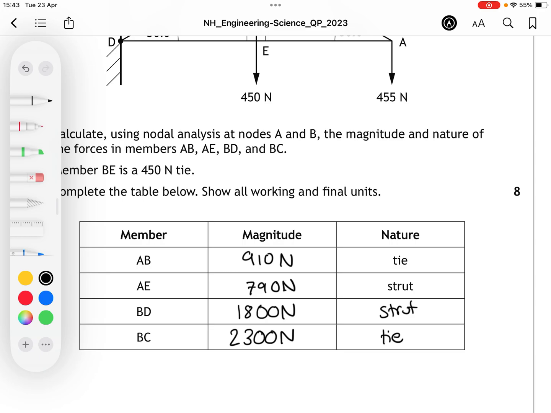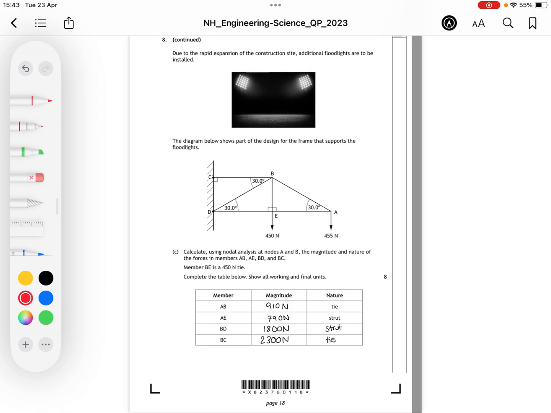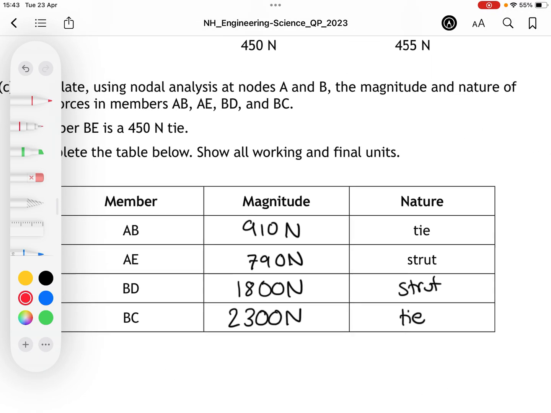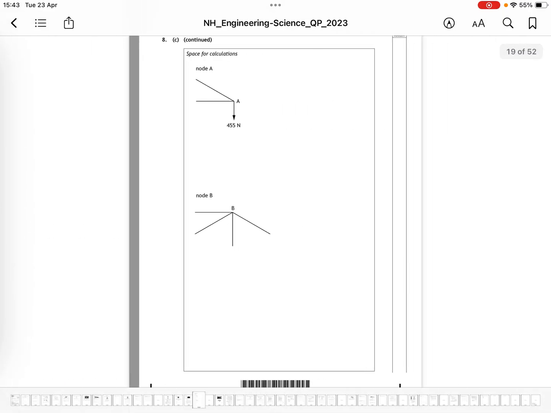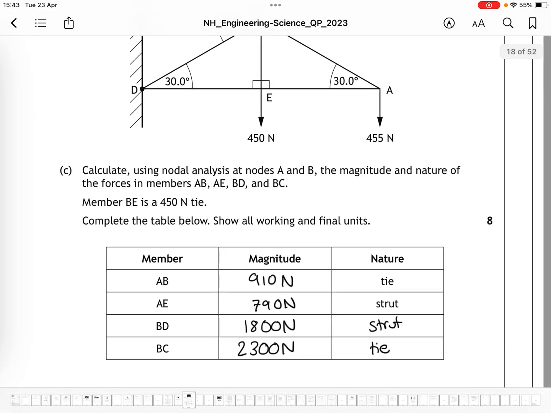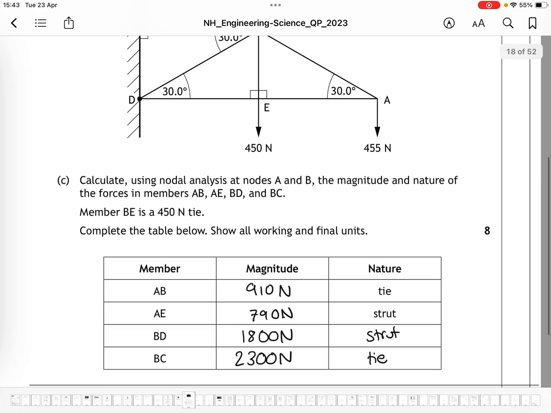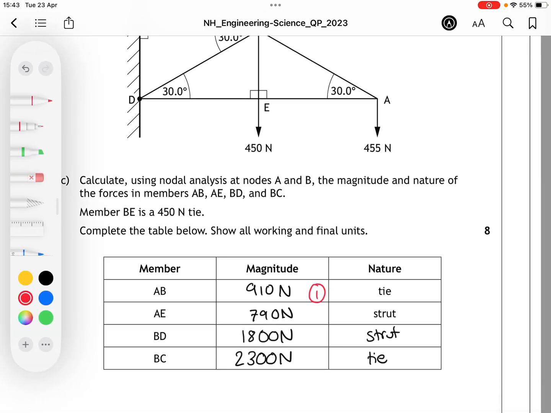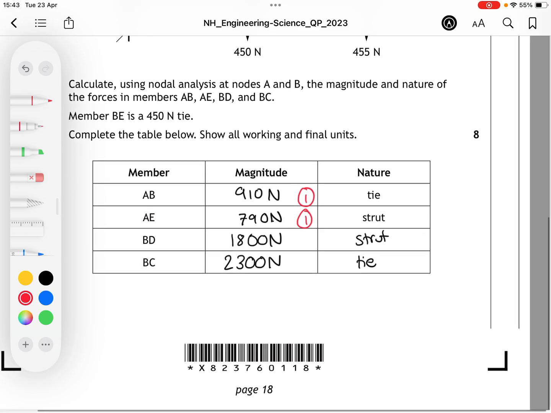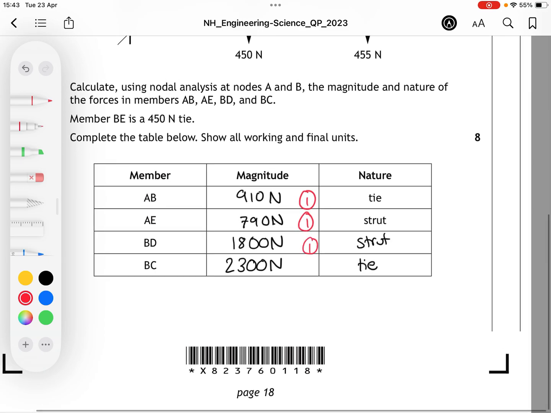Now, just so you know where the marks are coming from here, if you filled that table in and didn't have any of the working, as I now have on this blank document, you wouldn't get all the marks. So you get 1 mark for AB, you get 1 mark for AE, you get 1 mark for BD and the strut there, but you also get a mark here for the substitution that you did during the calculation.